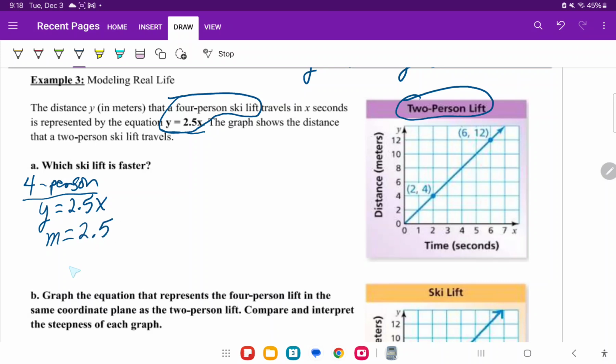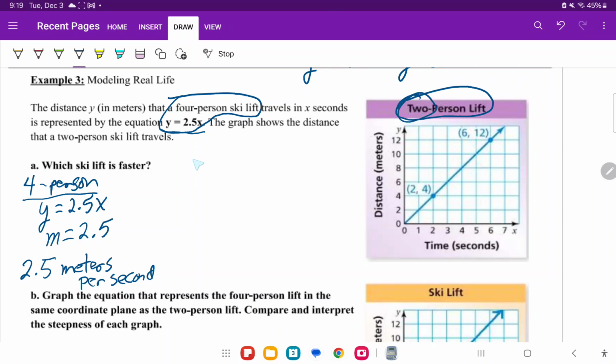So the way we interpret that is it travels at 2.5 meters per second. All right, so how does that compare over here to the 2-person ski lift?